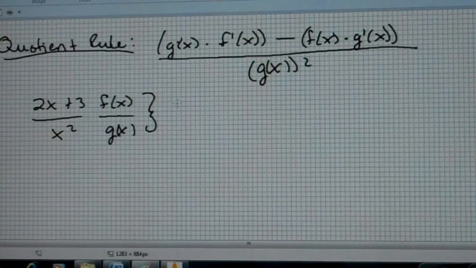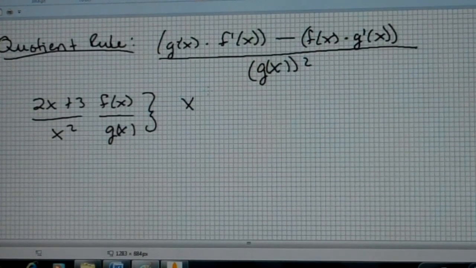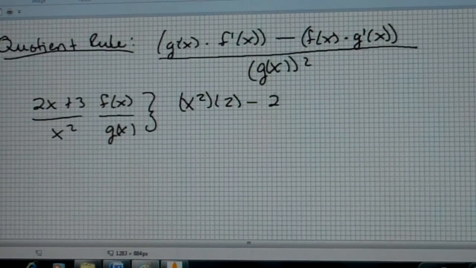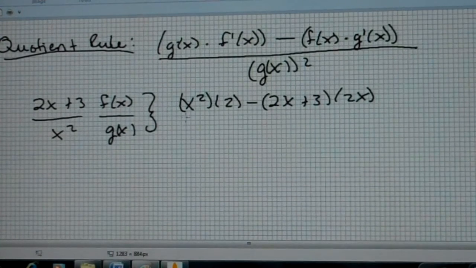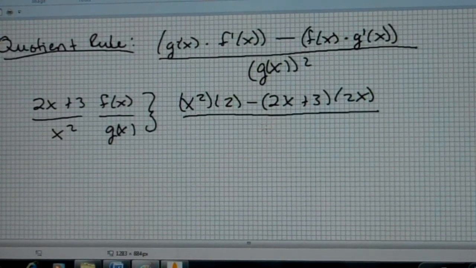So then this goes to x squared times 2 minus 2x plus 3 times 2x all over x squared squared.